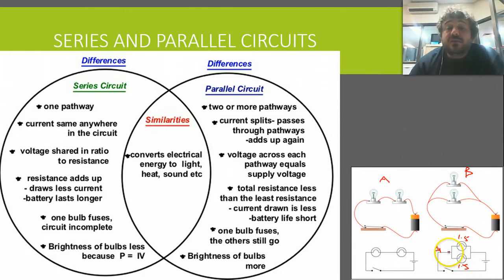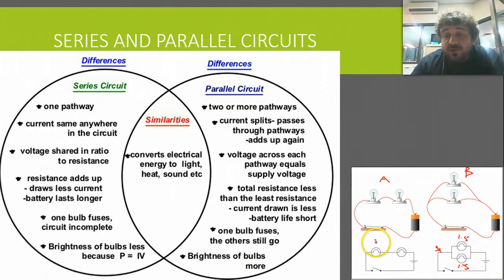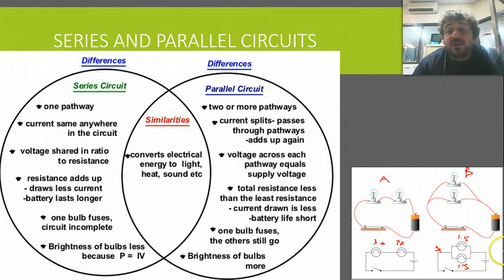Okay, the voltage across each pathway equals supply voltage. So if we go in blue for voltage, well actually while we're at it, this one will get 3 amps, and this one will get 3 amps. And so that's what that means. Now if we go to a blue here just for the sake of keeping it all separate, so that's amps.